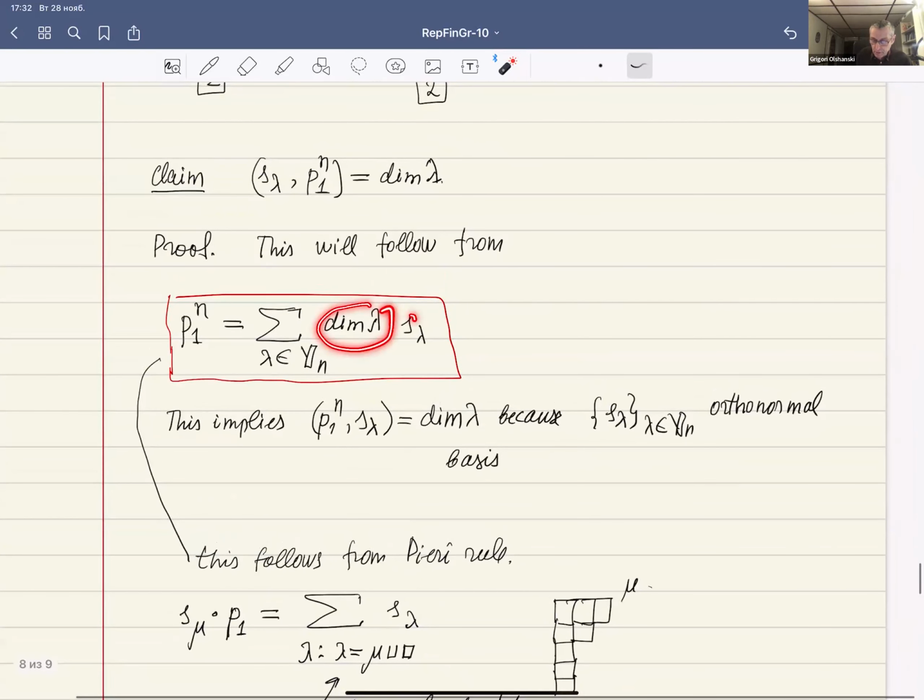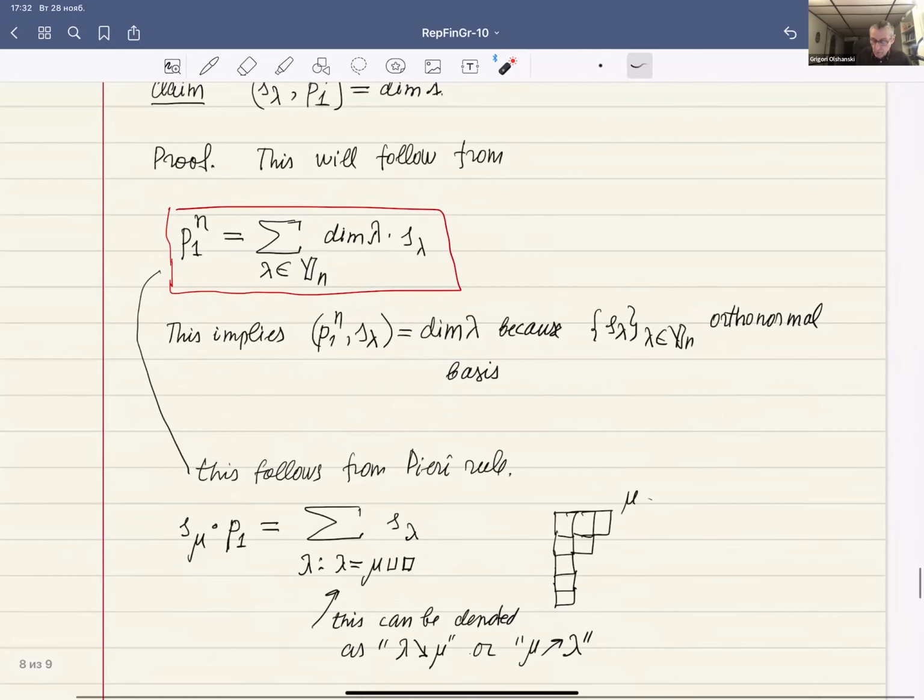The coefficient in this expansion is exactly the number of paths from the empty diagram to our Young diagram. And this is the same as this quantity.